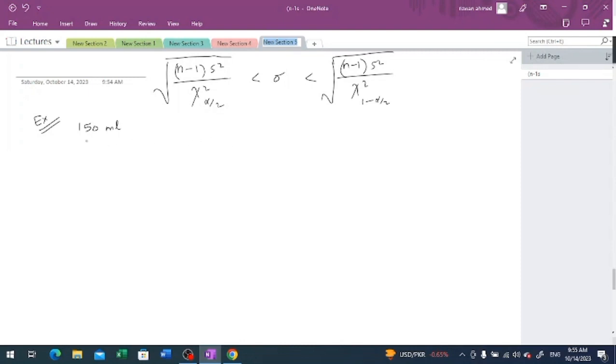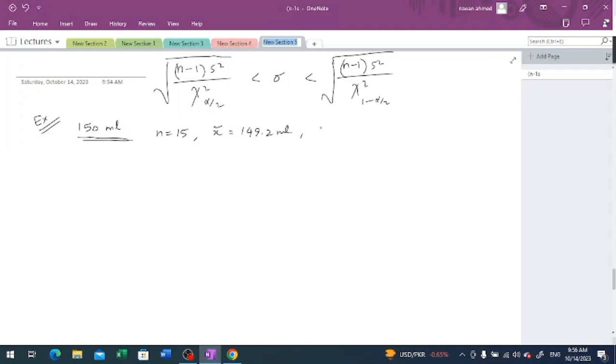So now let's take that we have selected a sample size of 15 cups. We have filled 15 cups from that machine, and we did notice that the mean quantity, let's suppose, is equal to 149.2 ml. That is representing some sort of a deficiency as compared to the 150 ml yardstick. But we are not interested in the mean value right now. We are more interested in standard deviation.